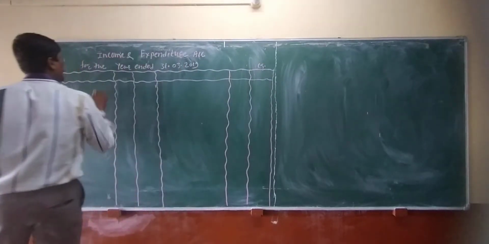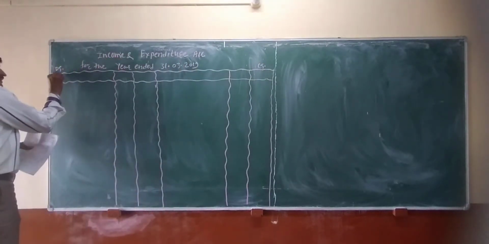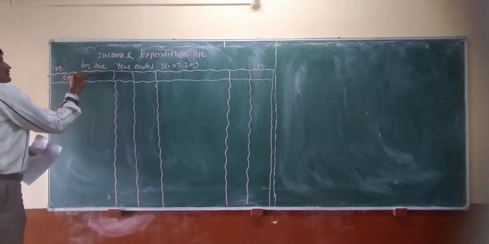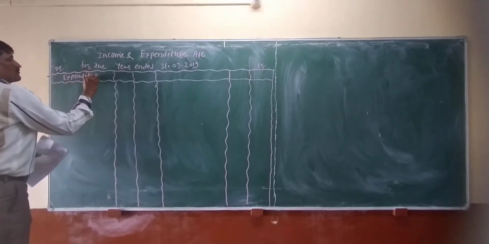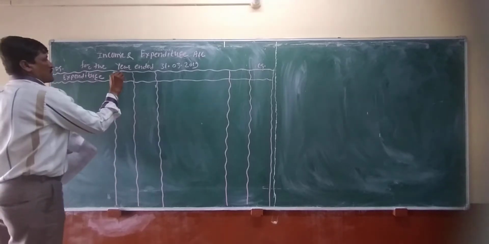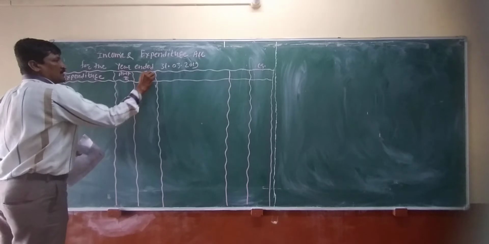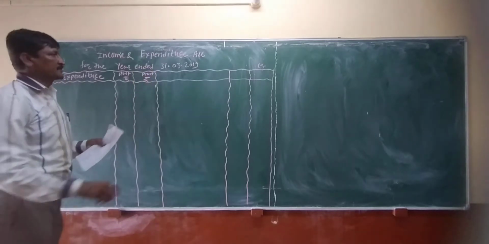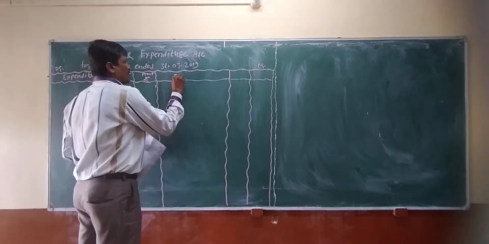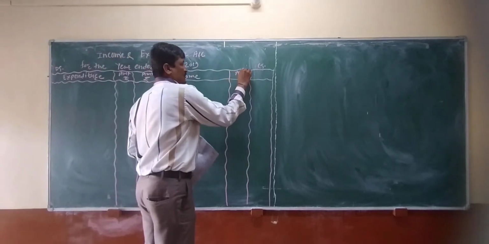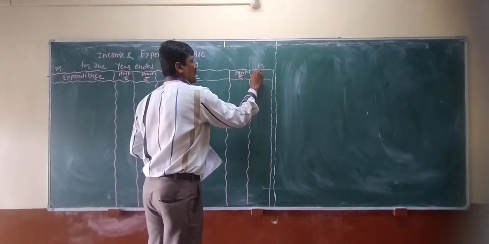First, in the income and expenditure account, on the debit side write expenditure, amount in rupees. On the credit side, income, amount in rupees.